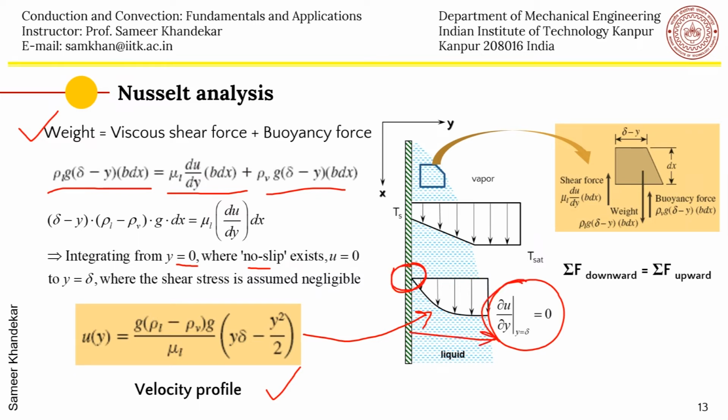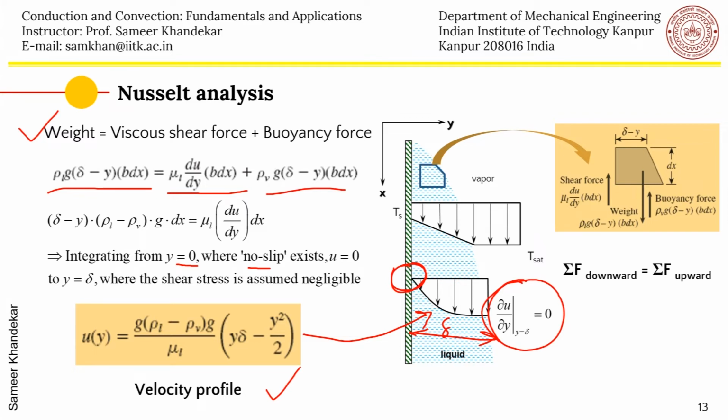Since the density is constant, you can apply this velocity profile to get the mass flow rate. The mass flow rate of the condensate at any location where the condensate film thickness is delta, you can get by integrating the velocity profile, rho A V. So this is applying the continuity equation.